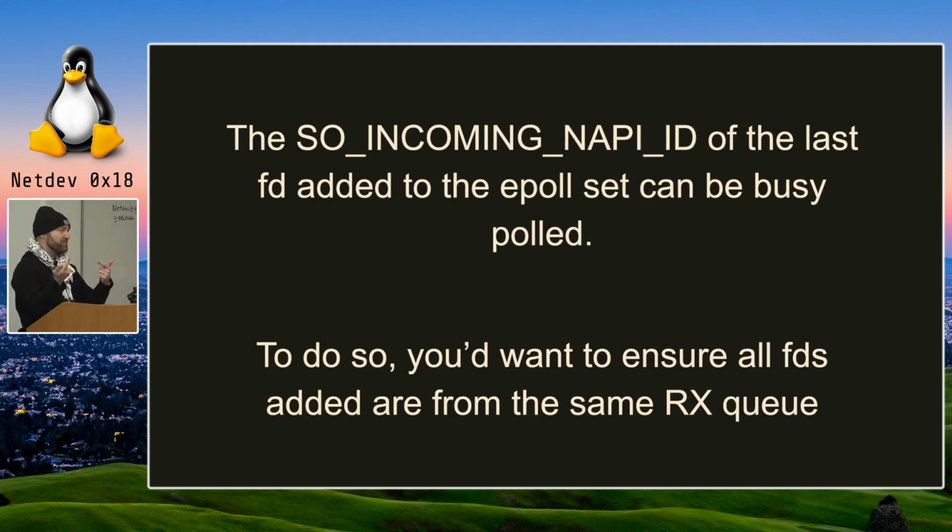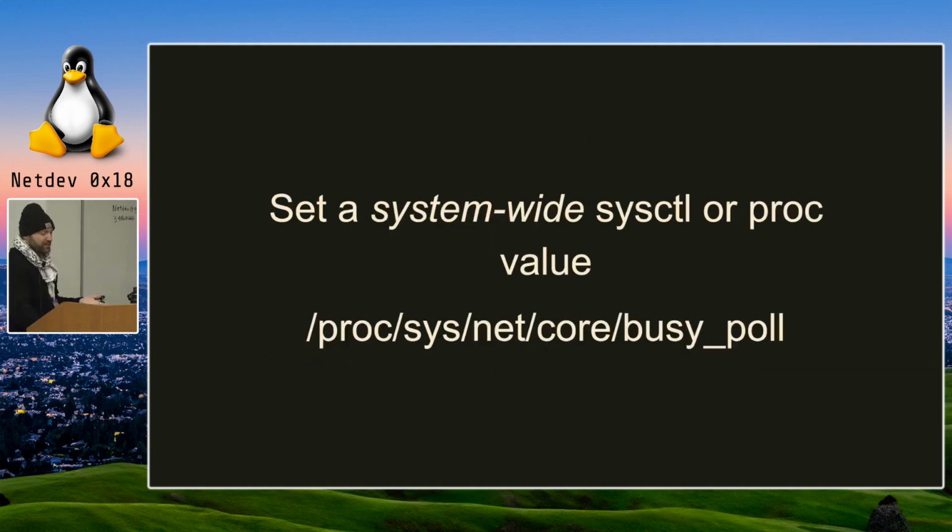If you were to add file descriptors from different receive queues to the same epoll set, the NAPI ID associated with that epoll set will just be whatever the last file descriptor added was. So that would be the thing that gets busy polled, and the other ones wouldn't. You'd want to ensure that all file descriptors come from the same receive queue to make this work properly. And you need to set the system-wide sysctl proc value, net.core.busy_poll.